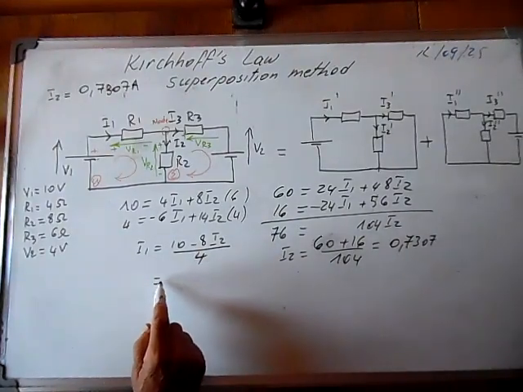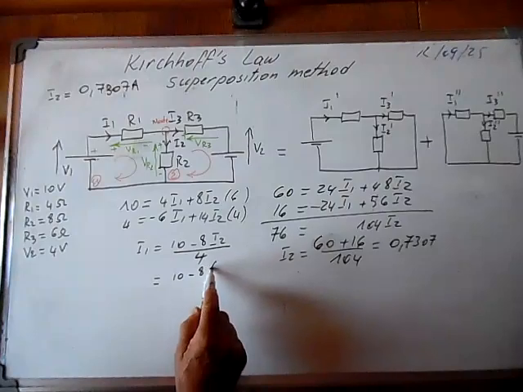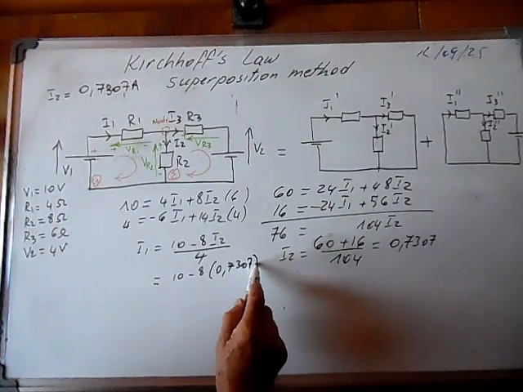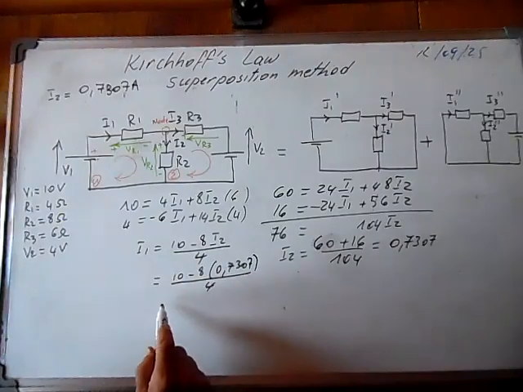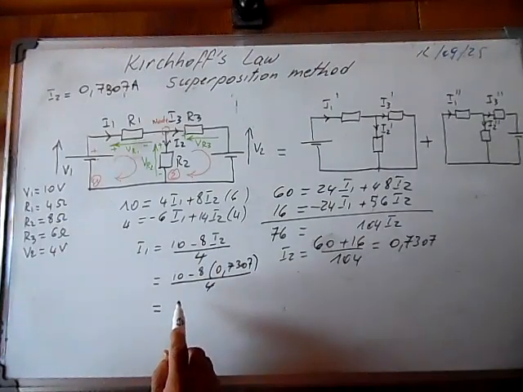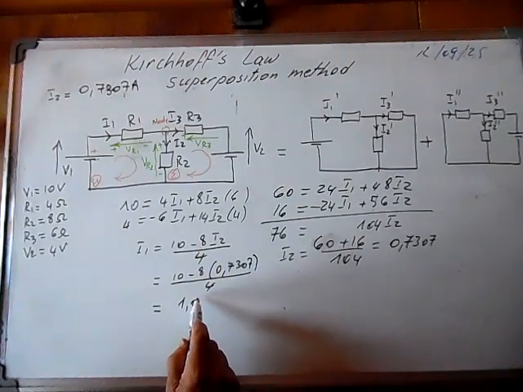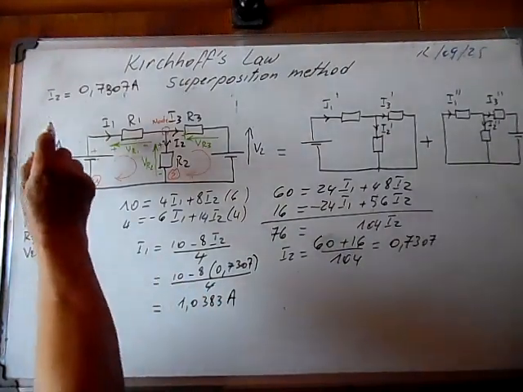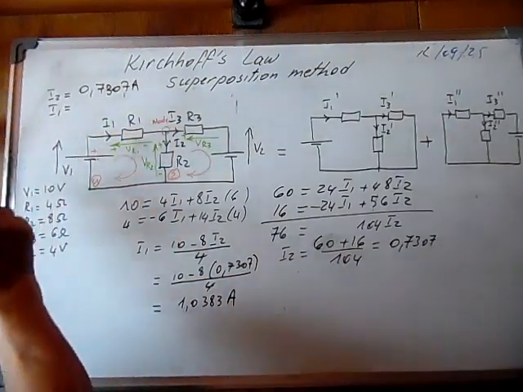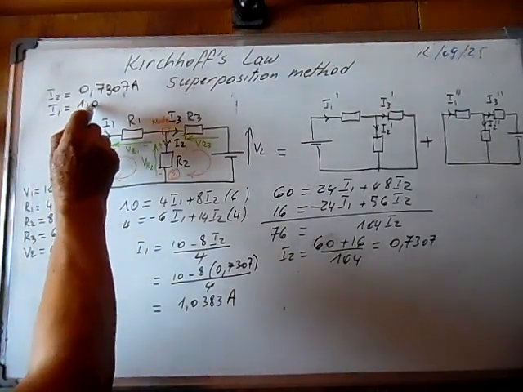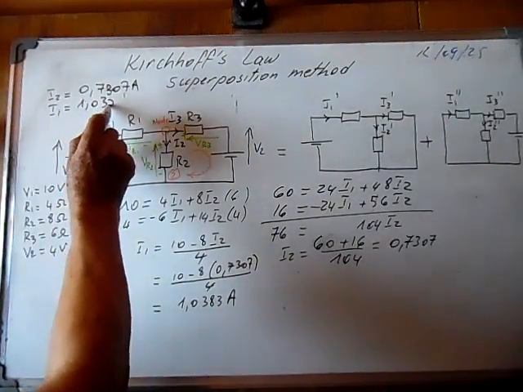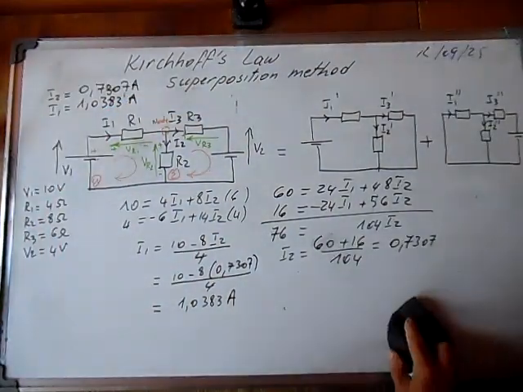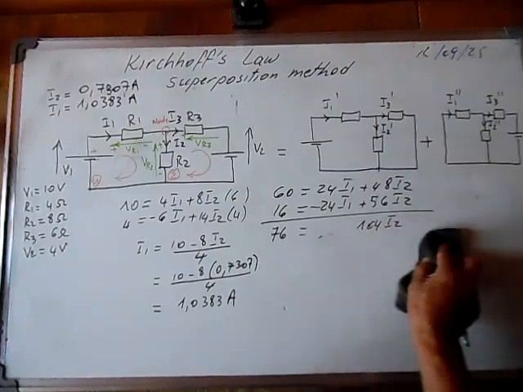So I1 is equal to 10 minus 8 times 0.7307, which we have calculated, and it's equal to 1.0383 amps. Writing I1 here is 1.0383 amps.